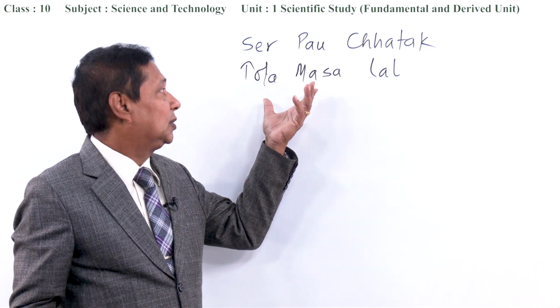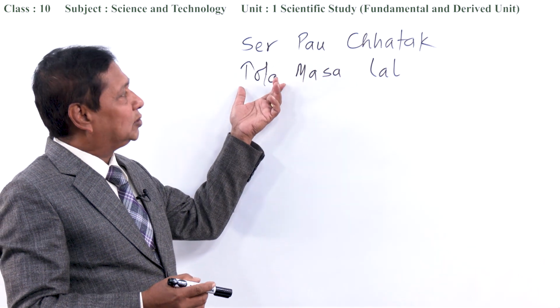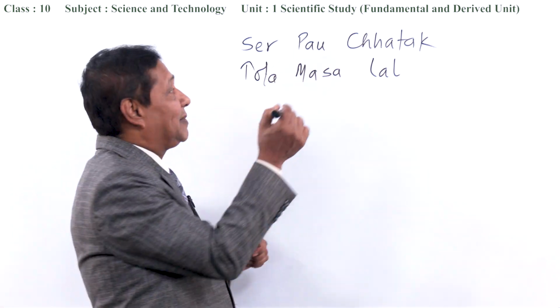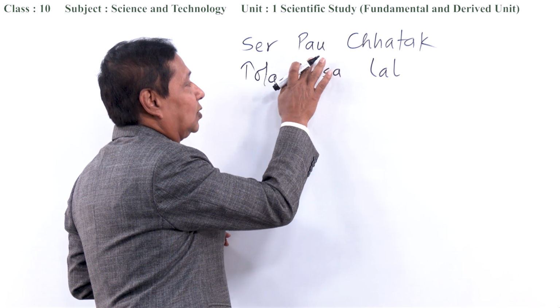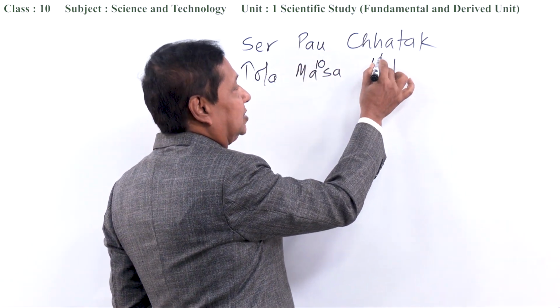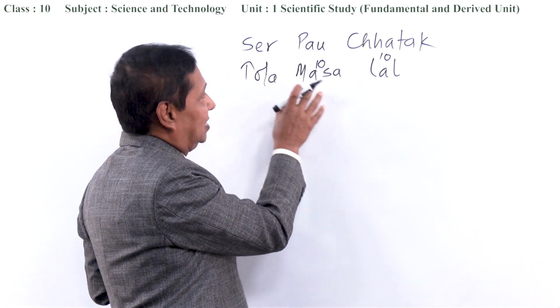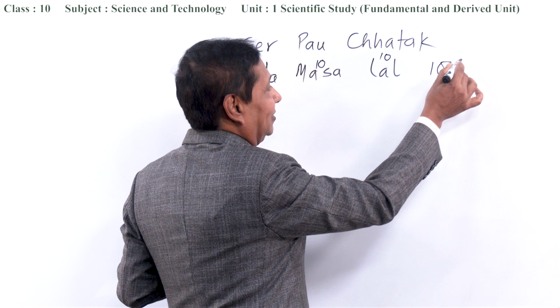The mass of gold is measured in tola, masa and lal. 1 tola has got 10 masa. In Nepali we used to say 1 tola is equivalent to 10 masa and 1 masa is equal to 10 lal. In this way, if we convert 1 tola into lal, it becomes 100 lal.